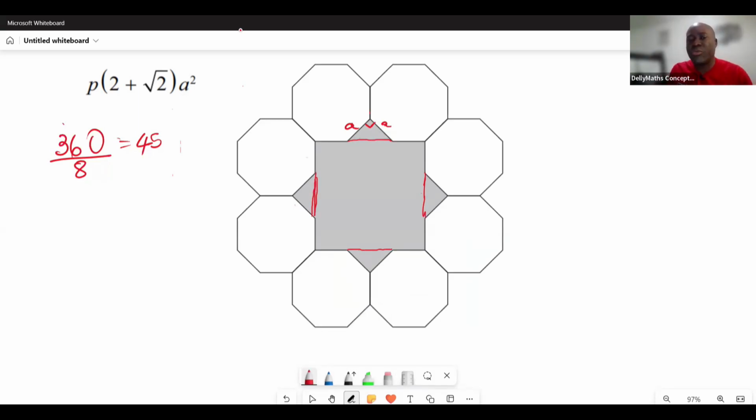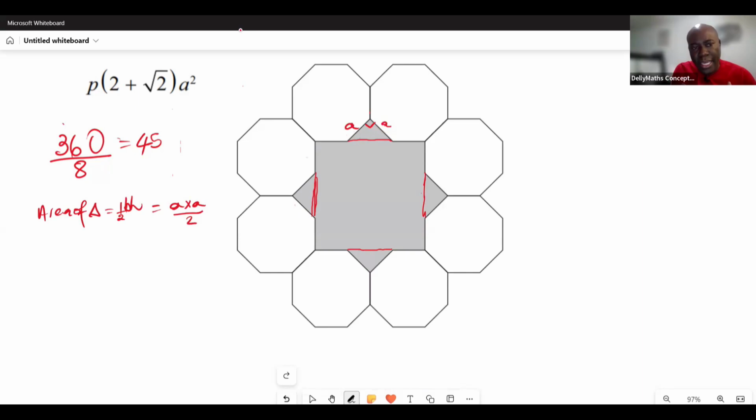Remember, because we have a right angle there, we can apply the area of a triangle, which is half base times height. In this context, we're talking about A times A divided by 2, because our base and our height would have been A. That's my base, that's my height, or vice versa.